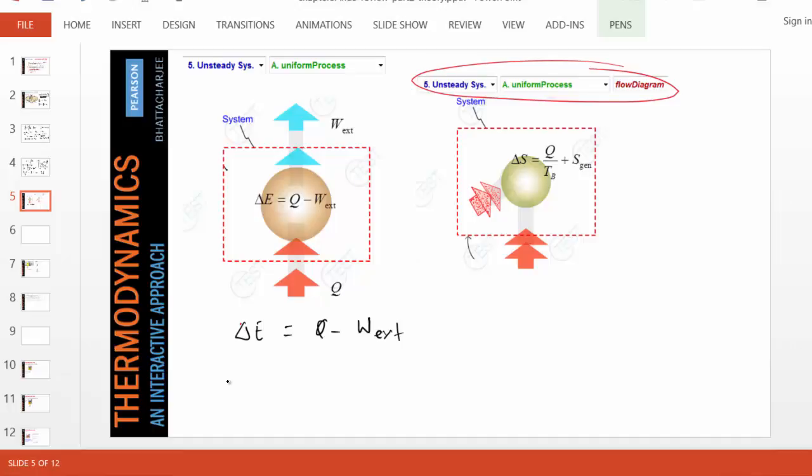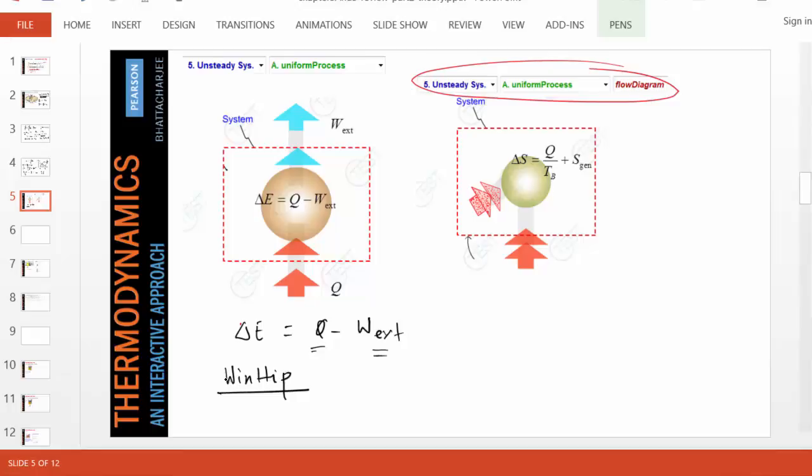One note to remember: don't forget the WinHeap convention, which means that in this equation Q and W external are algebraic. So when you substitute, if heat goes into the system, Q will be positive, and if external work is coming out, it will be positive.